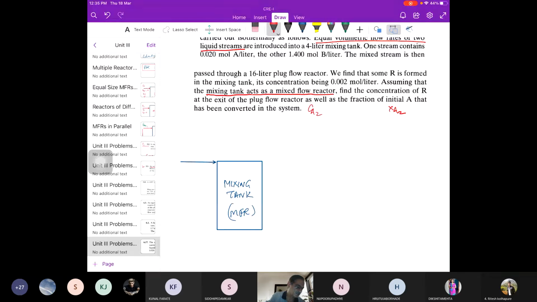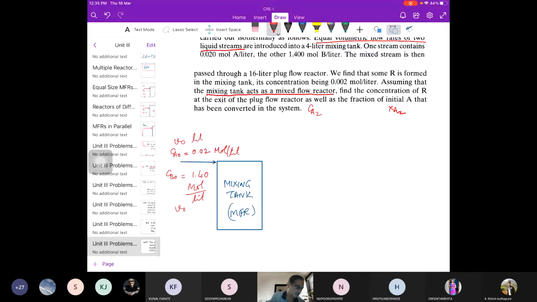So one stream contains, if I take A, let me say इसमें है C A naught is equal to 0.02 moles per liter, and the other one is containing B, that is C B naught is equal to 1.40 moles per liter. And volumetric flow rate is suppose V naught here, and here also it is V naught.